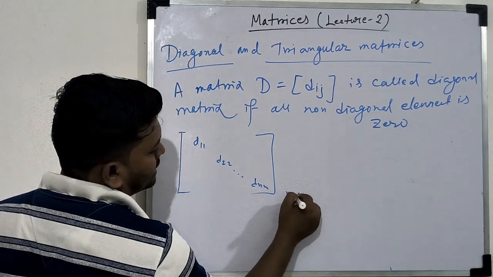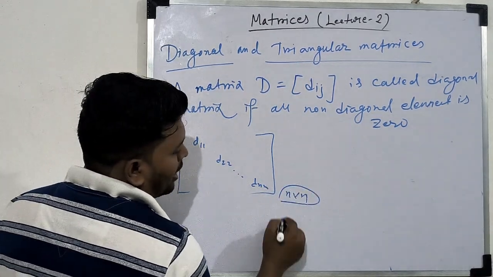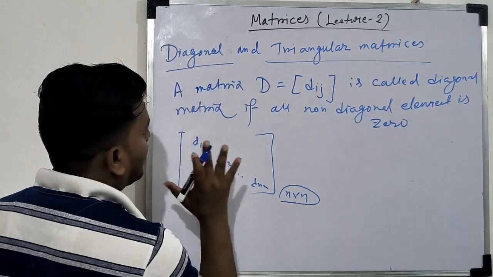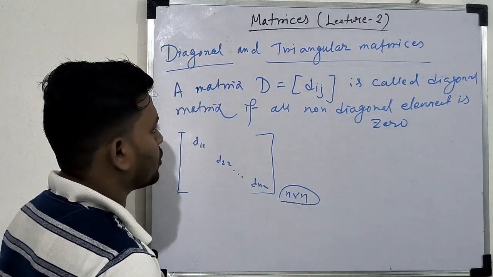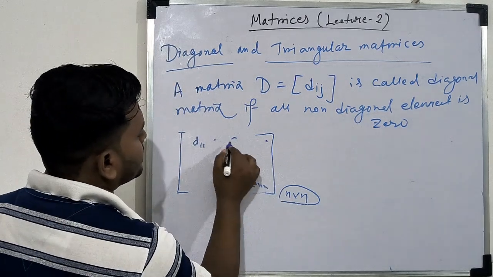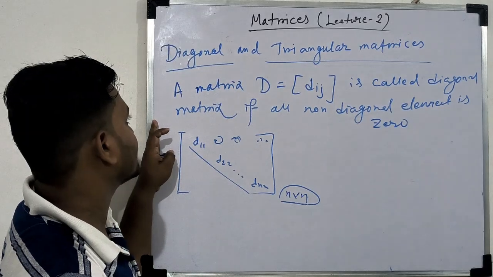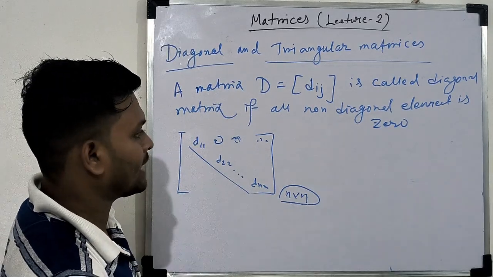This will obviously be a square matrix. If the matrix is square, then diagonal elements exist, so then a diagonal matrix exists. Whenever all non-diagonal elements are 0 and only diagonal elements are non-zero, the matrix is called a diagonal matrix.